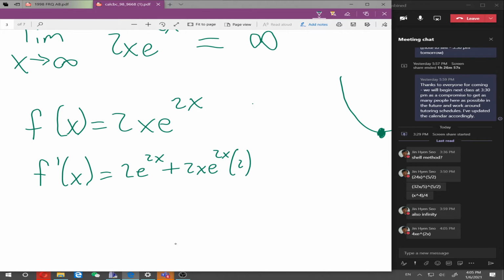Okay, Andrew, over to you. This slope needs to be equal to 0 if it's going to be a relative minimum. So if I set my slope equal to 0, is there anything that we could factor out, or how would you solve this?